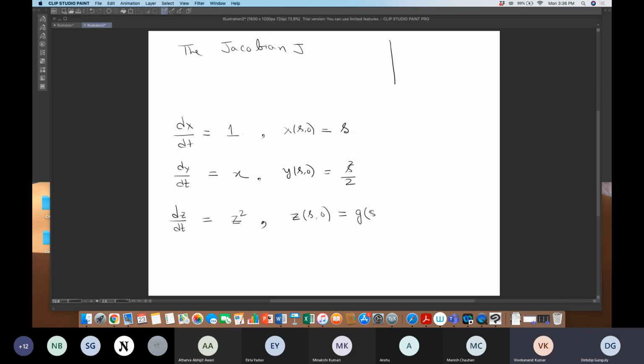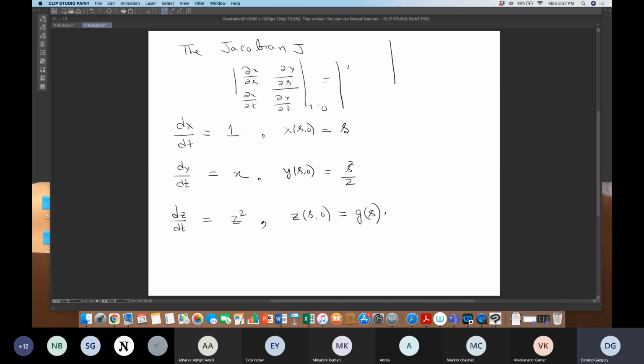Yes. So now what is the Jacobian? Del x by del s, del x by del t, del y by del s, del y by del t at time t equal to 0. So what is this? Del x by del s, 1.